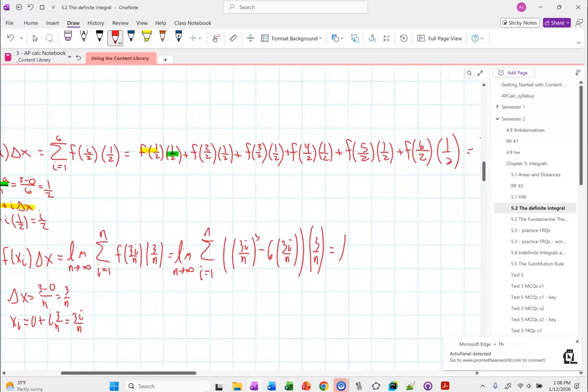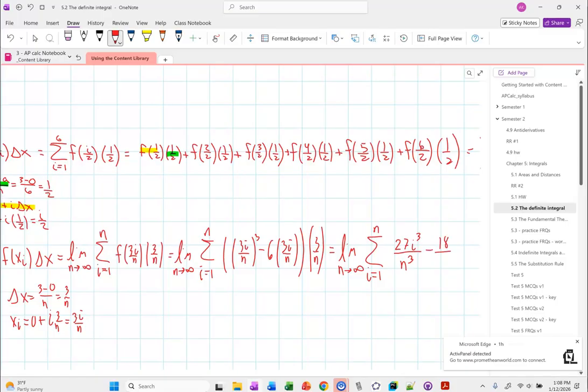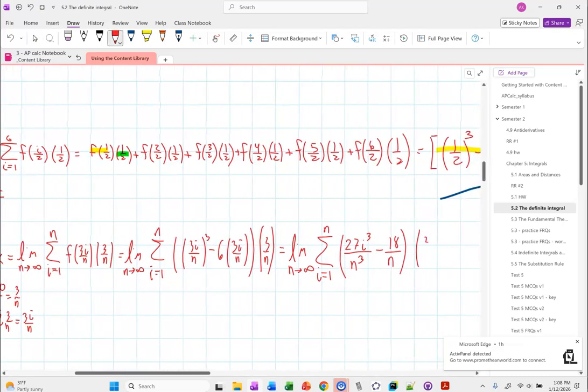Now I'm going to simplify inside that summation. So 3i over n cubed, minus six times 3i over n, oops, 2i.